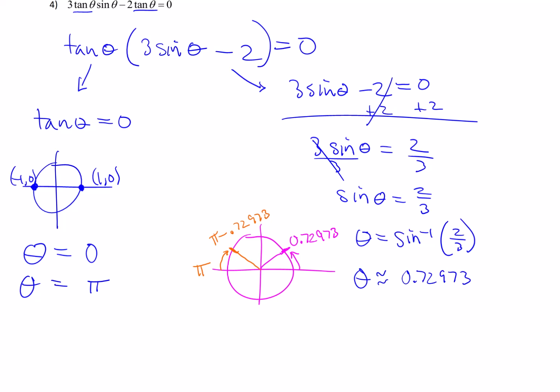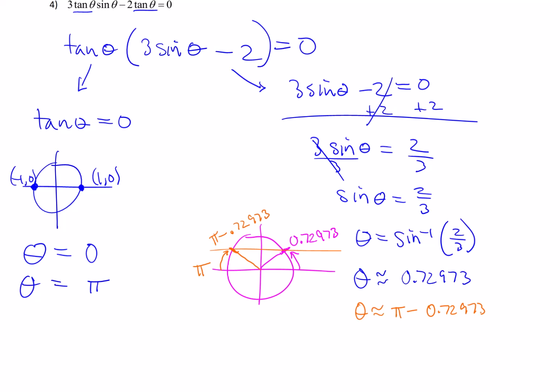Or I suppose you could estimate that as just 0.73 to be a little bit easier. But the point is that symmetrical place is another place where you're going to get the exact same value for sine. Why? Because those two have the same y value symmetrically on the unit circle, which means you're going to get another solution. So we'll say theta here is approximately pi minus 0.72973. Both of those are valid solutions within one wrap of the circle.